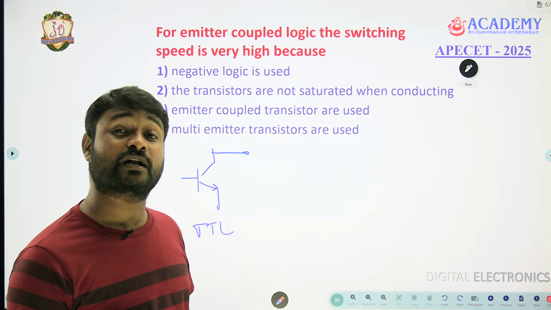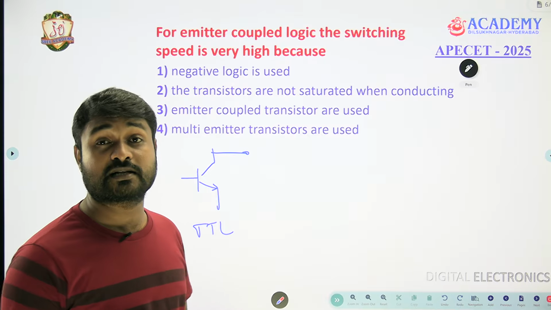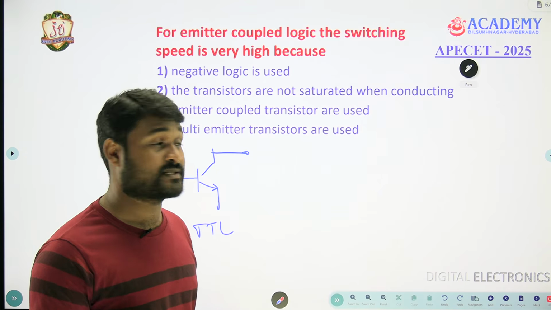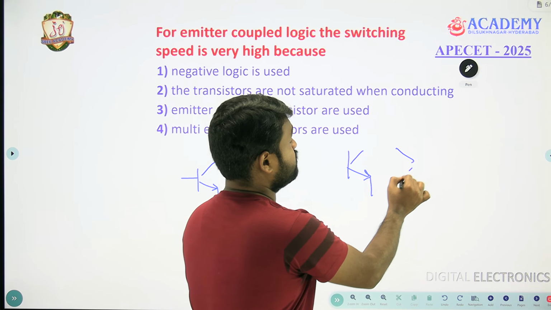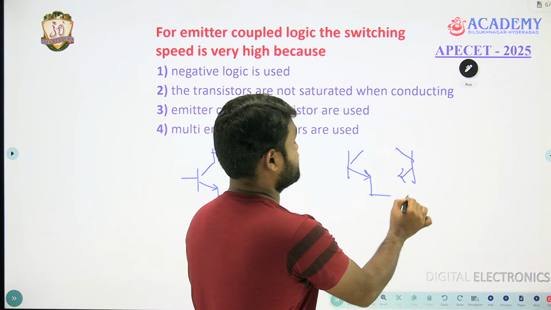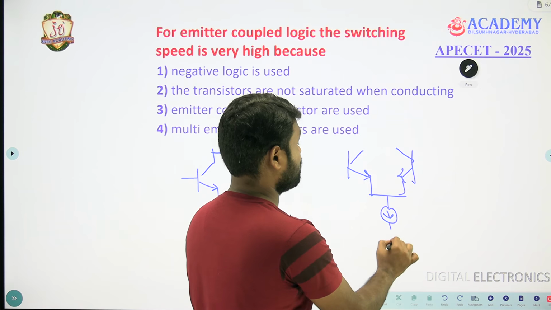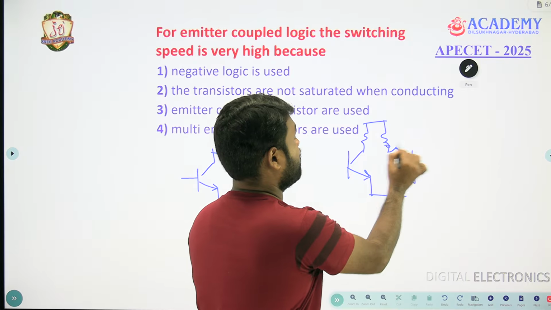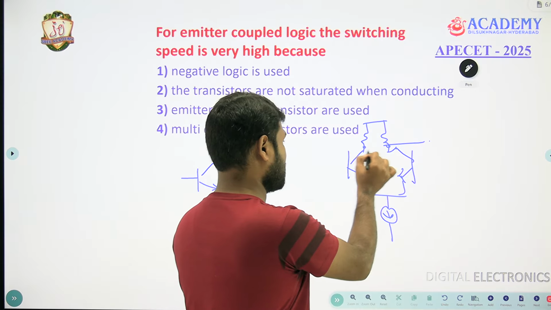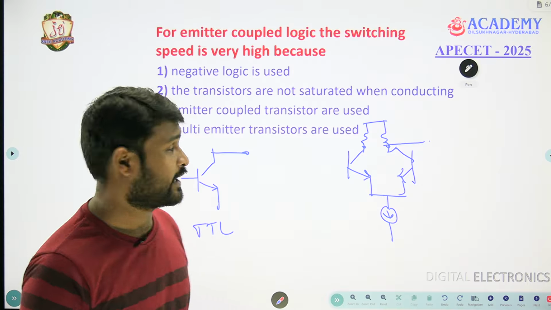ECL, emitter coupled logic, is nothing but a differential amplifier case. You will be taking two transistors, which form your differential amplifier. One of the outputs you will be taking either from here or from here; anything is okay.